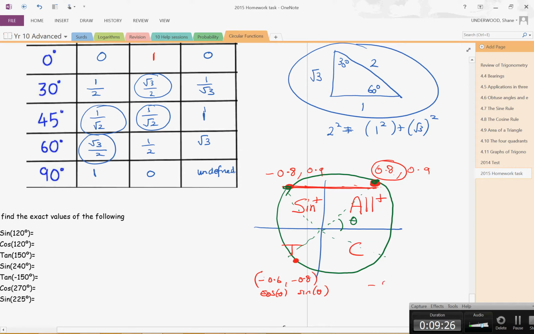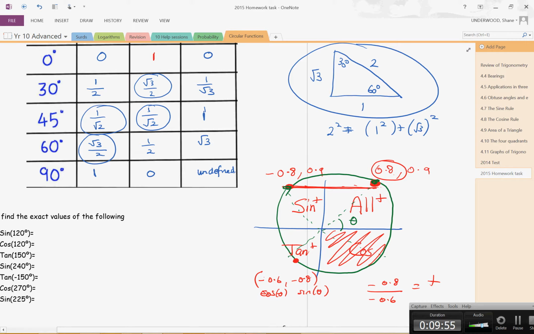So a negative 0.8 over negative 0.6 is going to be positive. So tan is positive in this quadrant. And then, of course, cos is positive in the fourth quadrant because the x values are positive. That's really all I want you to get out of this, is that you need to recognise what is positive and negative in each quadrant. And then we'll certainly ask you something like that in your short assessment.